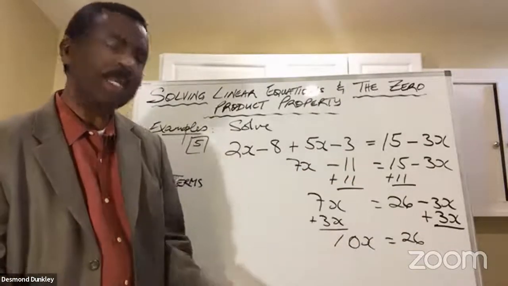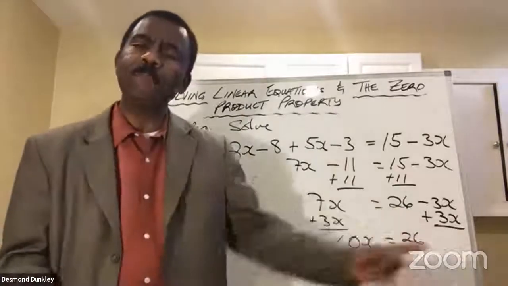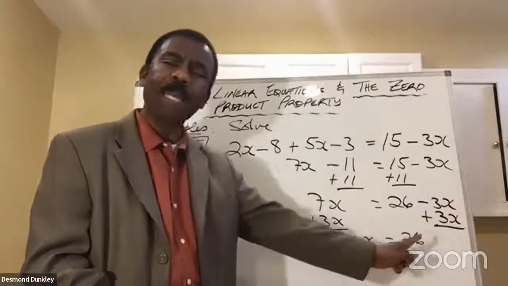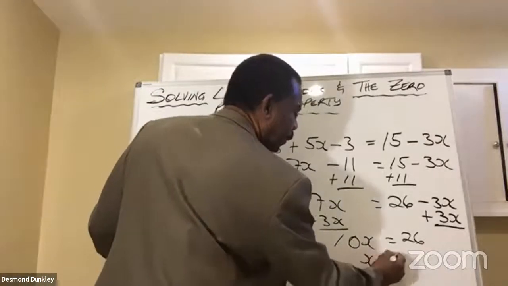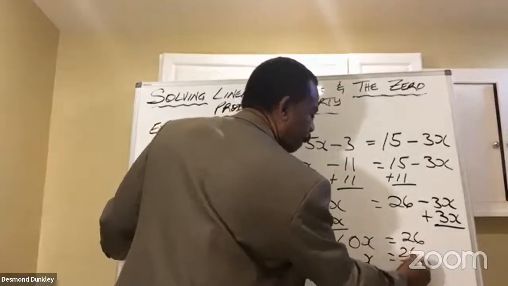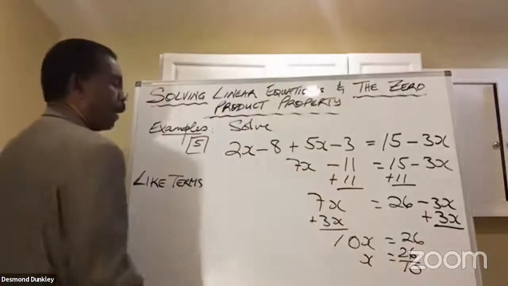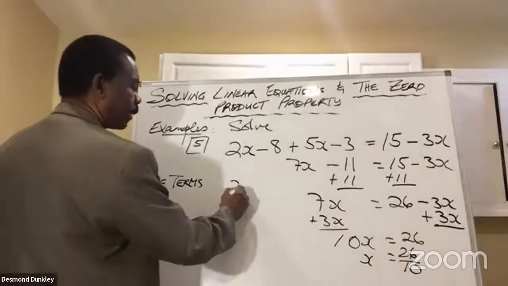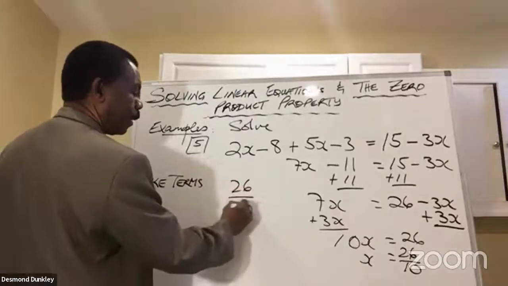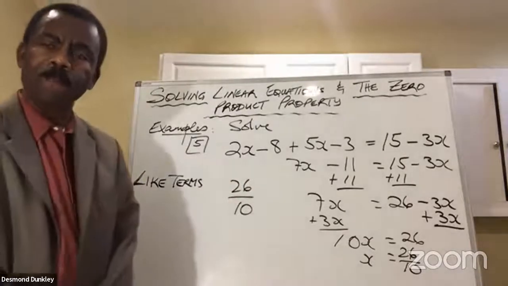How do we get rid of the 10? We divide both sides by 10 because this is 10 times x. Divide both sides by 10, we end up with x equals 26 over 10. And if you remember when we did fractions, 26 over 10 can be simplified.